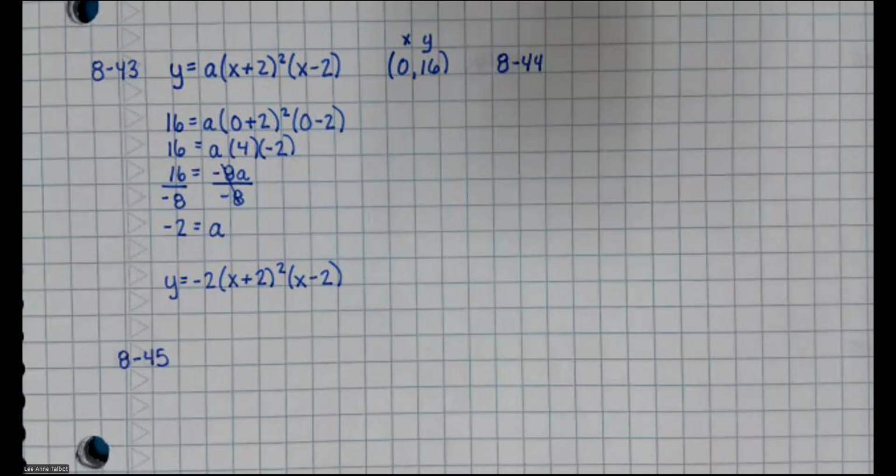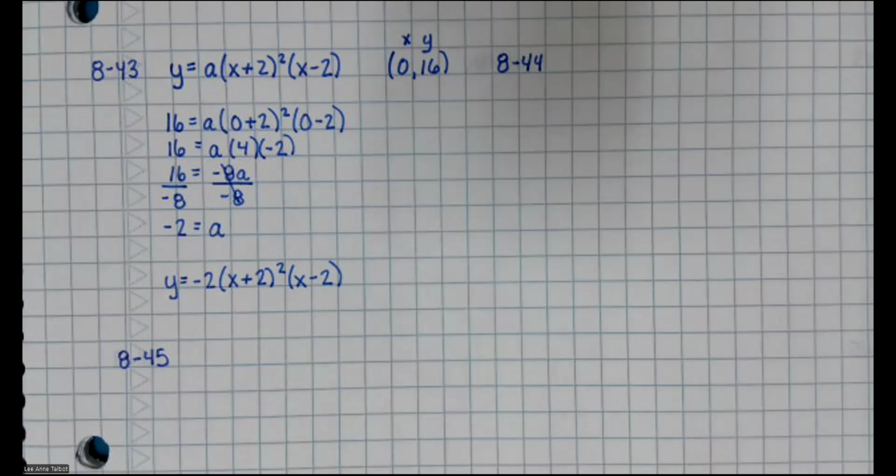Okay, so number 44, this is your challenge. I'm going to put up the graph. I want you to, in your groups, write down the equation with a based on the roots, plug in a coordinate, solve for a, multiply it out into standard form.